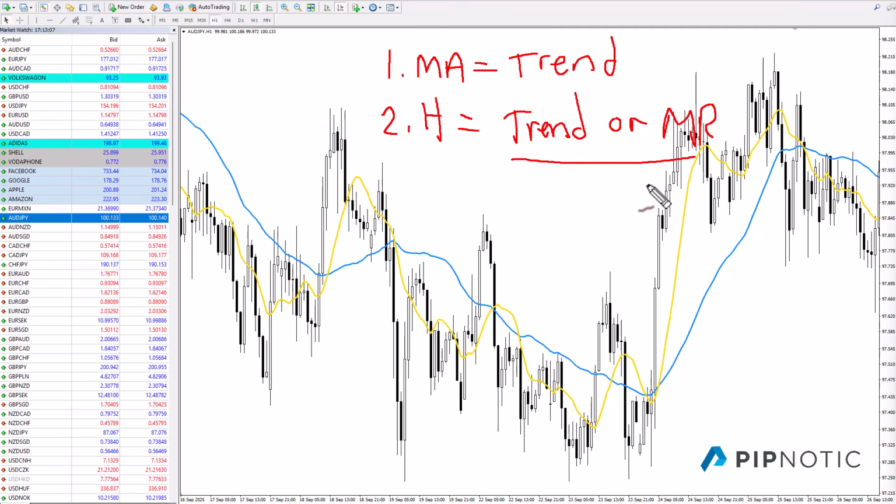And just to reiterate that one more time, if we have a Hurst that is equal to, let's say, 0.6, then we're seeing trends. If we have a Hurst that is less than or equal to, let's say, 0.4, then this is mean reverting behavior.